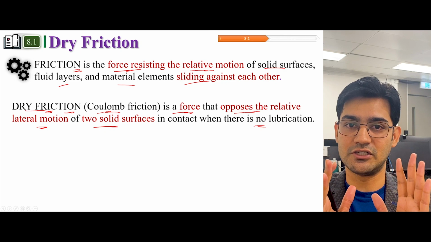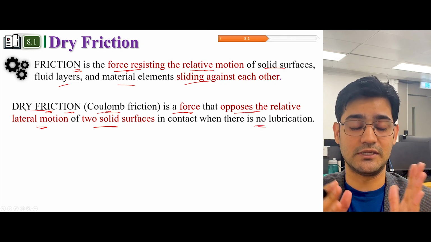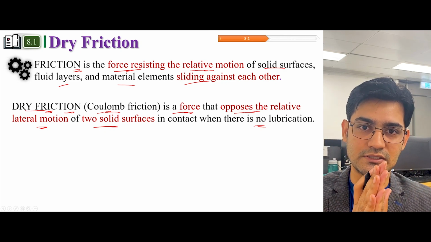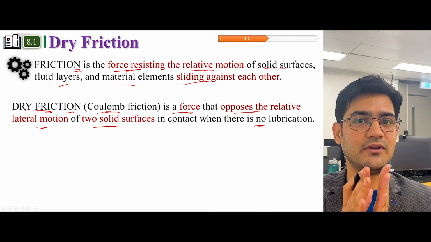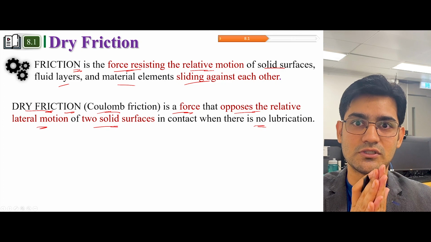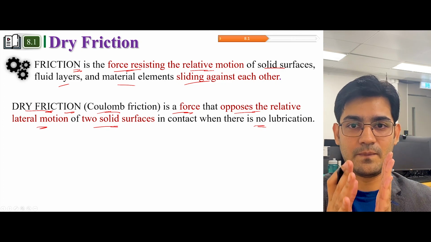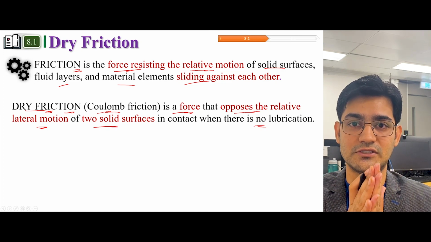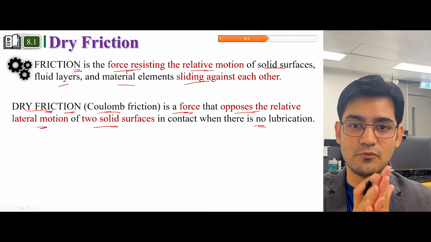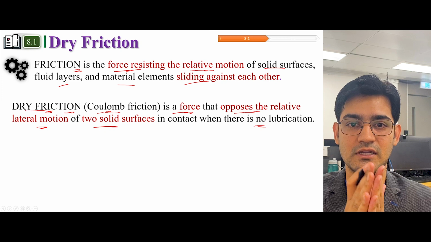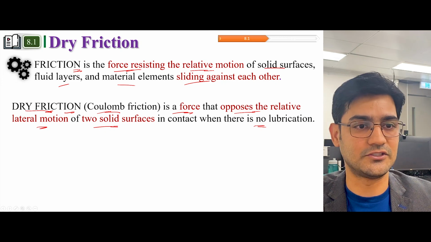The condition is that it has to be two solid surfaces, and when two solid surfaces slide against each other, you will face a resistive force, and it would not be very easy to slide them. You will have a slight or major force of resistance, and that force of resistance which hinders the movement of these solid surfaces is called dry friction.